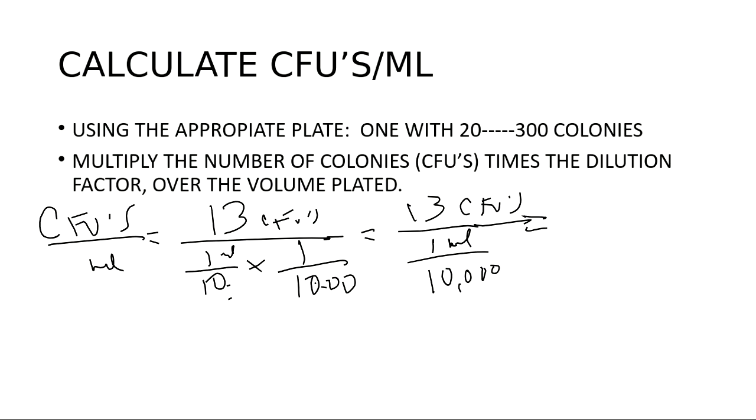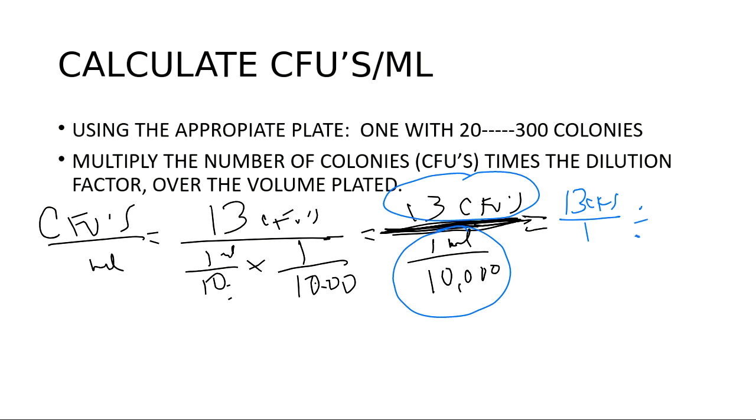Okay, again, you can take a calculator and just go ahead and do this math right here, or you don't even need a calculator because what you're looking at here is a division of two fractions. This is one fraction, this is the other fraction, and they're being divided by each other. So 13 CFUs over 1 divided by 1 over 10,000.